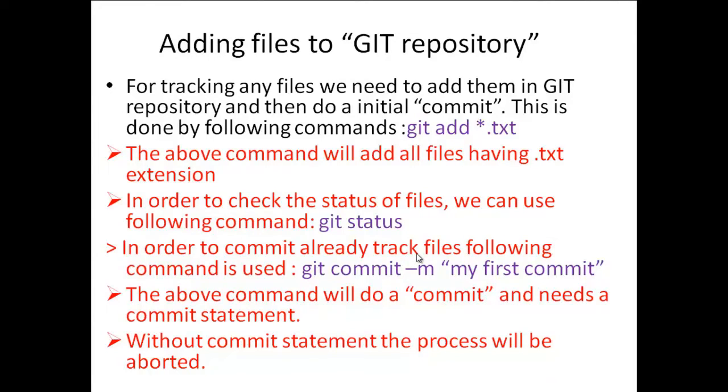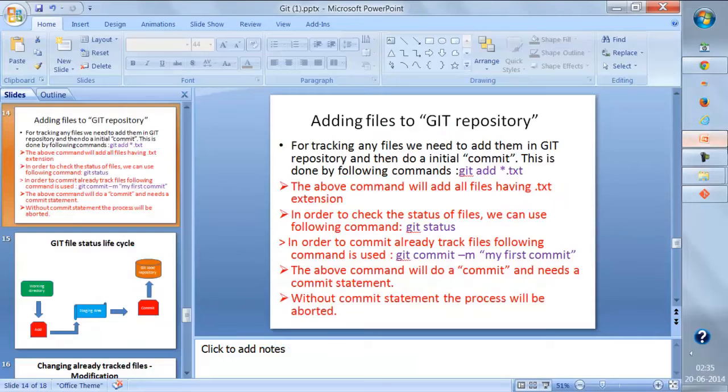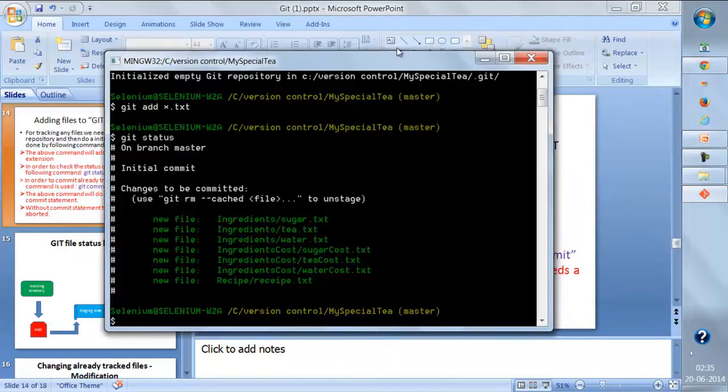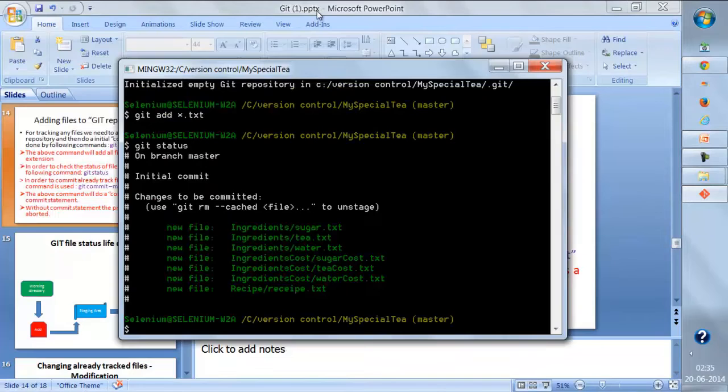So in order to commit these files, the next command that we need to target is git commit, right? So how are we going to target it? I'm going to write over here git commit -m, and here I'll be giving some statement. This statement is mandatory.